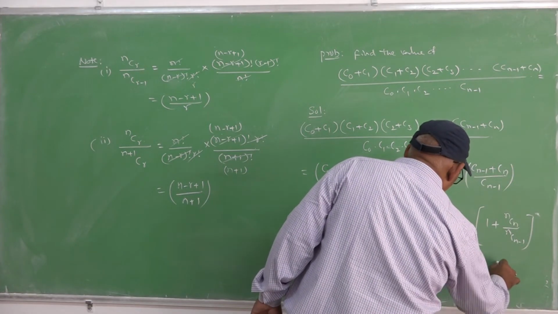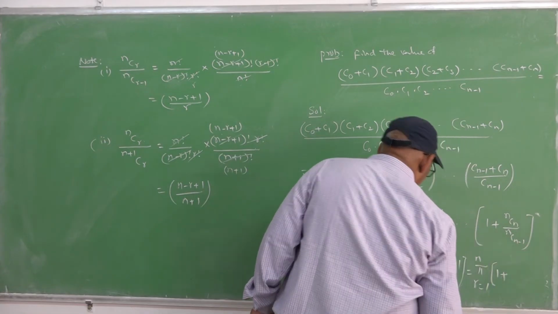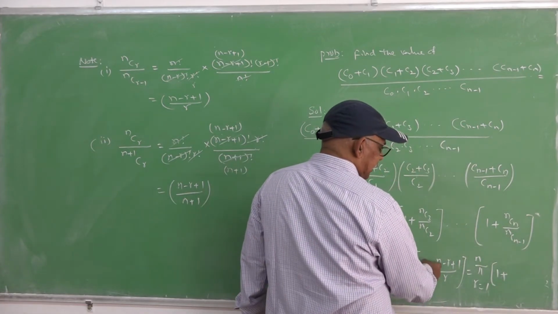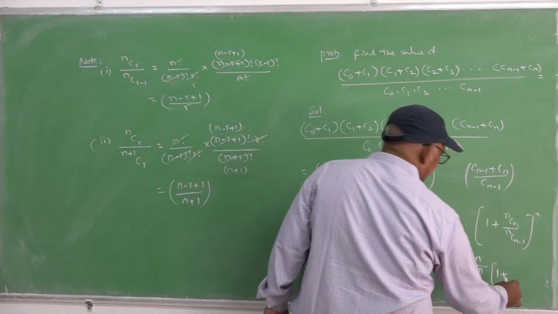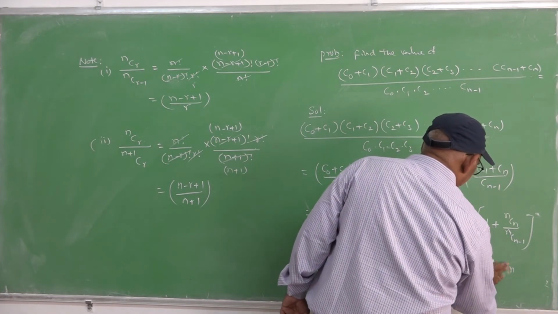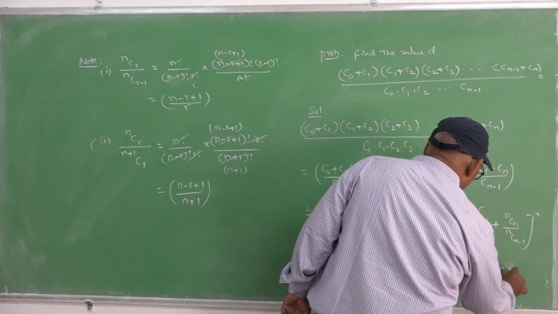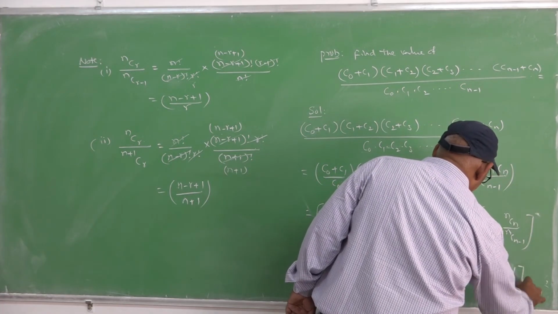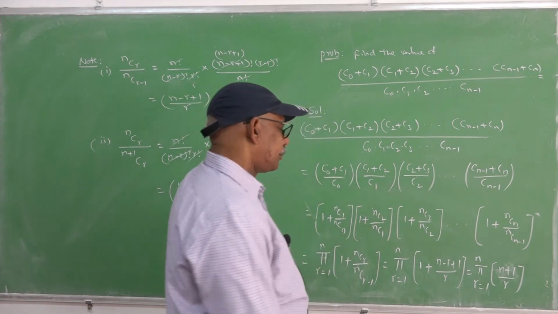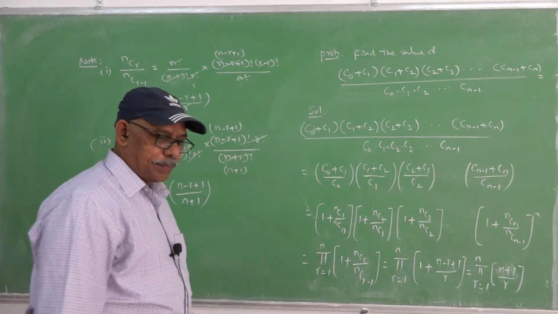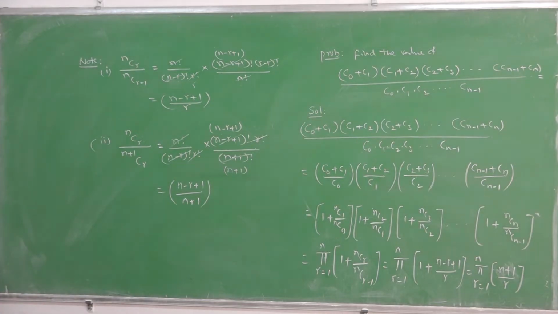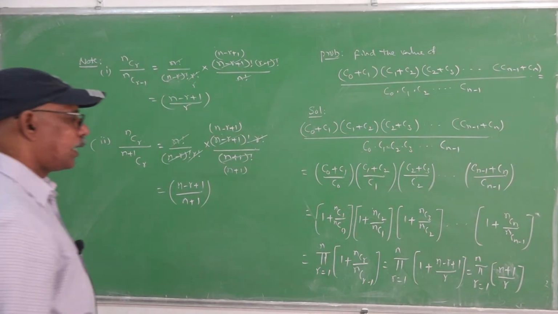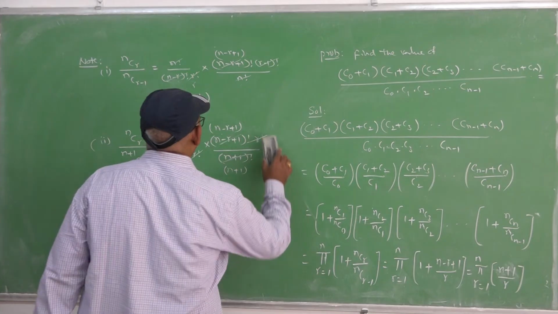Pi stands for product, always product. 1 + (n - r + 1)/r: you may remove this r, so we get n + 1. On simplification, we get (n + 1)/r itself. So this value is (n + 1)/r.